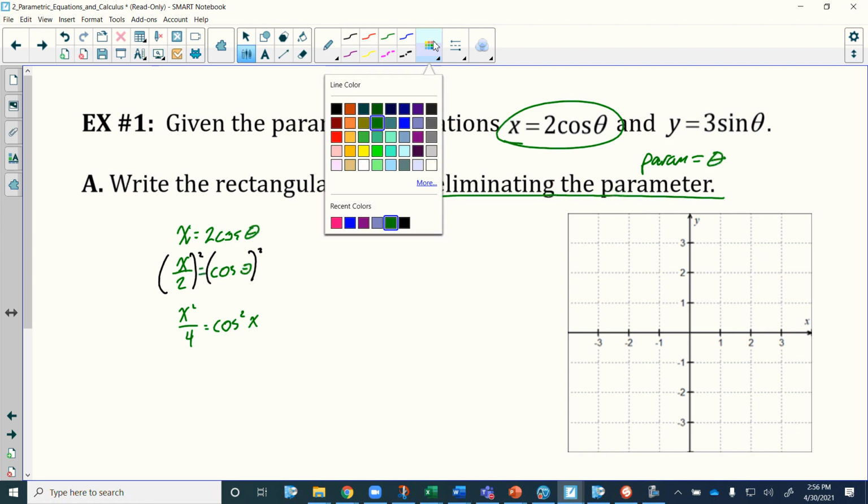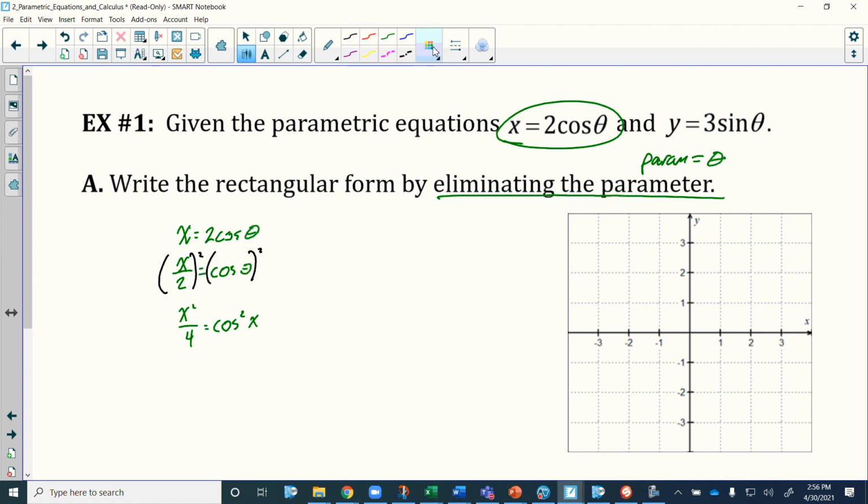And now we're basically going to do the same thing here. I have y is equal to 3 sine theta. Get the sine by itself, because that has theta, and that's what we're trying to eliminate. So divide by 3, and I get y over 3 is equal to sine theta.